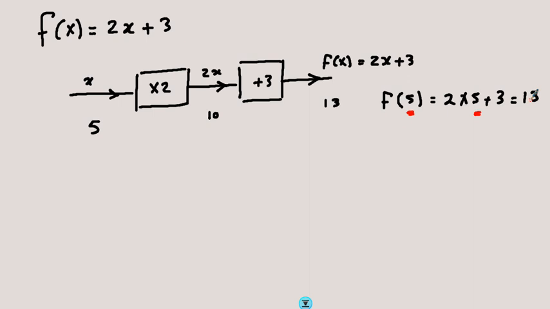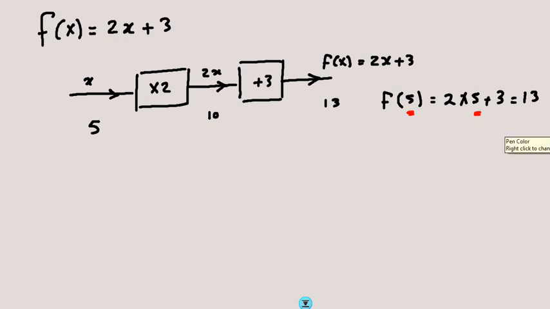Now, the 5 just simply followed the instructions. The instruction of this function is multiply by 2, add 3. Because we changed the input, we simply change the process, but the instructions remain the same. Multiply the input by 2 and add 3. That's why we got our 13.